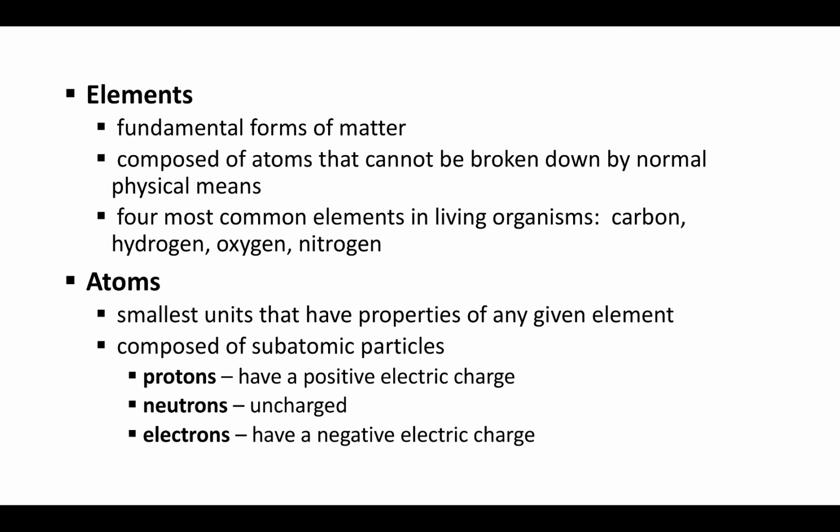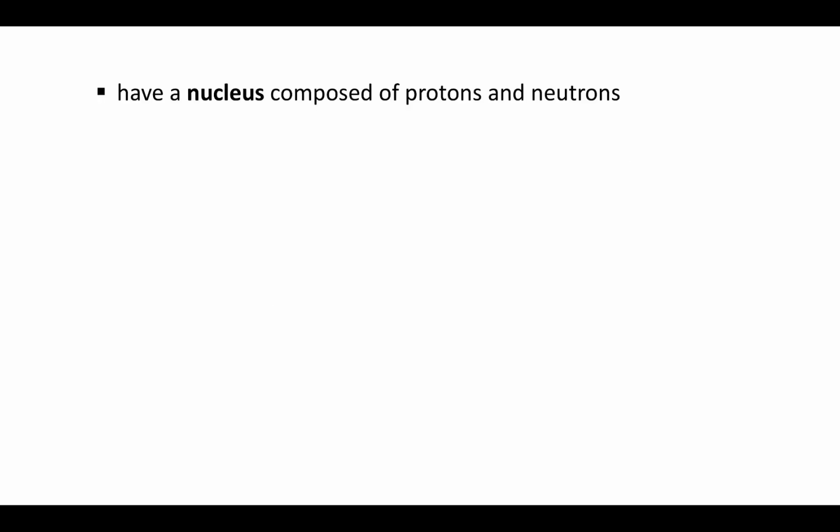And then also they're composed of electrons. Okay, electrons have a negative electrical charge. So you can put in a little negative sign next to the electrons. Okay, also atoms have a nucleus that's going to be composed of protons and neutrons.